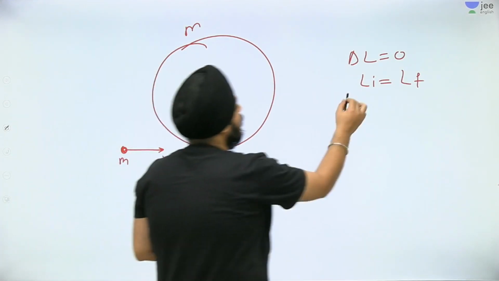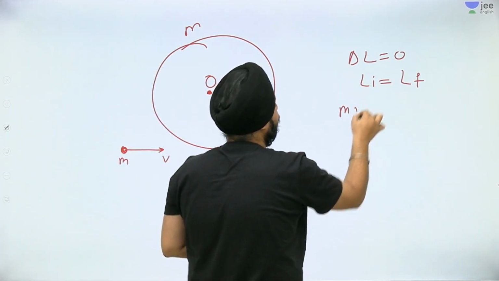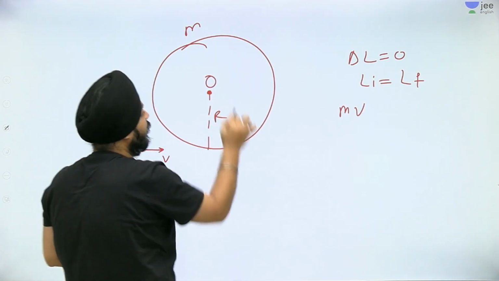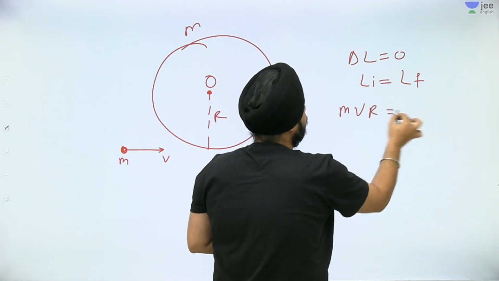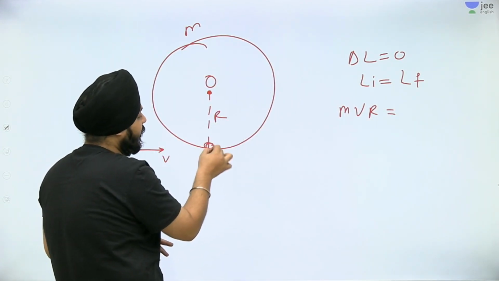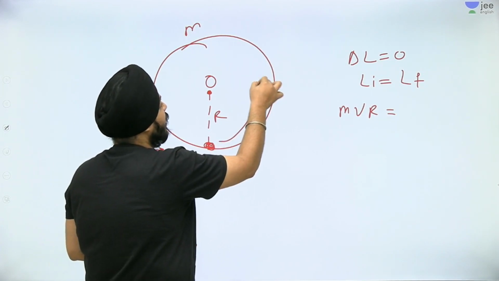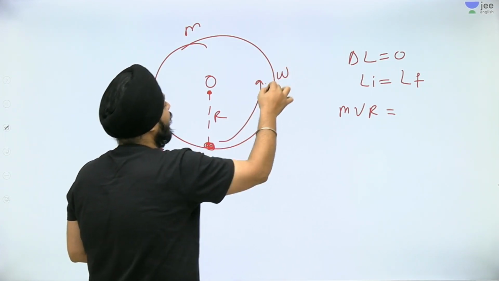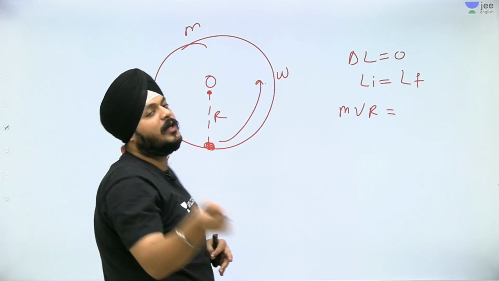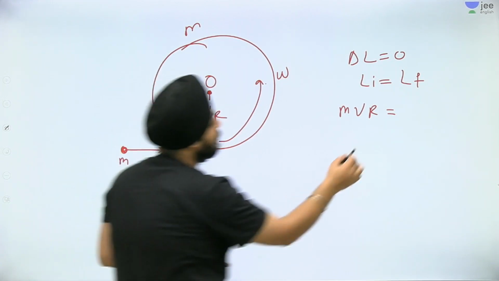So moving forward, L initial is m v times the perpendicular distance r about point O. This was the initial condition. After that, the bullet gets embedded and gives some angular velocity to the hoop, and the bullet also gains the same angular velocity.